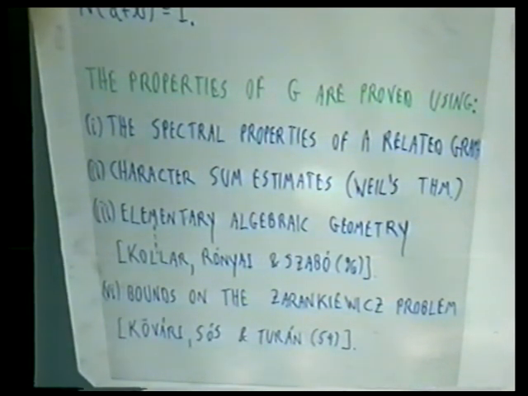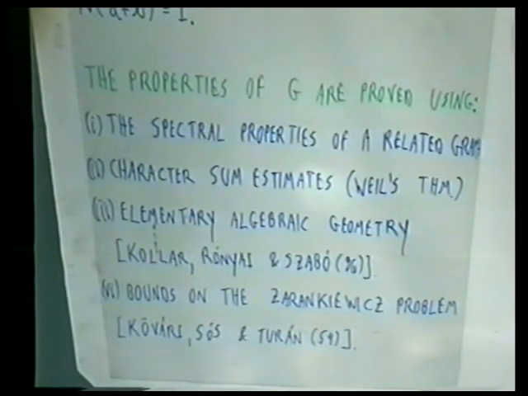It's elementary, but it goes beyond Bézout. And then you have to use a combinatorial result of Kővári, Sós, and Turán about bounds for the Zarankiewicz problem. Using all this together, it says that this graph satisfies these properties.